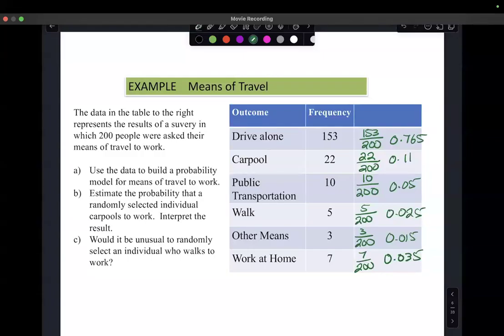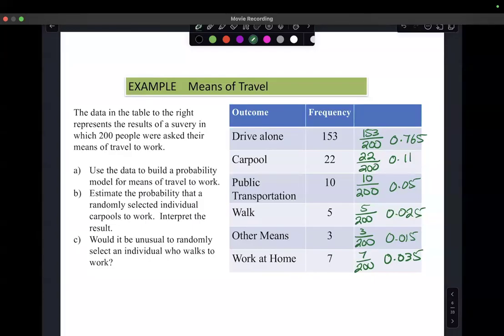That's the interpretation. Or another way you could interpret this is if I randomly selected 100 people, I would expect 11 of them in that 100 to be carpoolers.